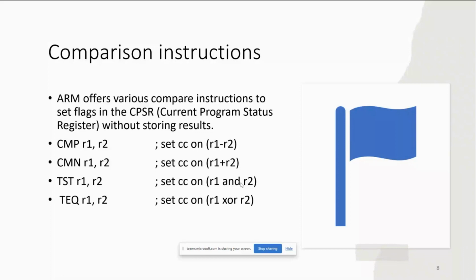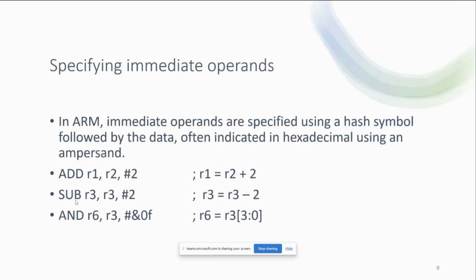Then there is TEQ, test equivalence, which sets the condition codes on R1 XOR R2. So these are doing certain operations, setting or resetting. Set means putting the value 1, reset means putting the value 0, in the contents of the CPSR, the current program status register.